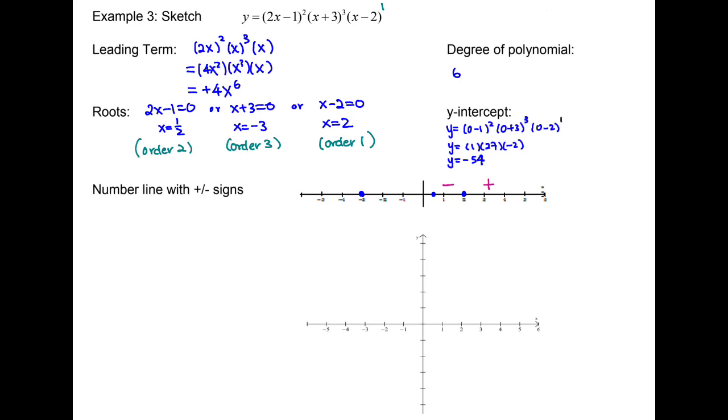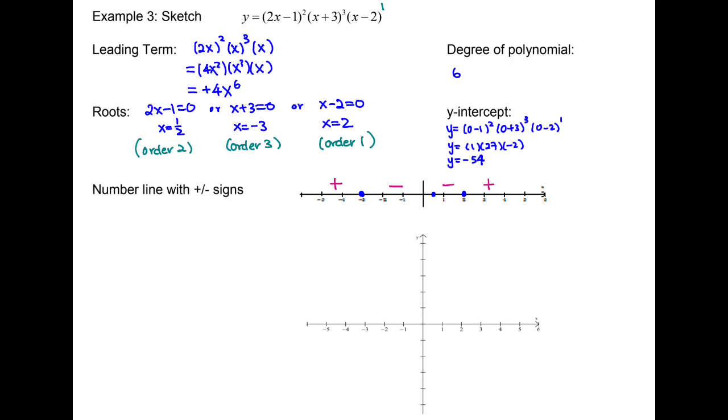When we go through the root half, which is order 2, that means we have to keep the same sign. That means we keep negative. Then we go to the root negative 3. Negative 3 has an order 3, which is odd, so we switch the sign, which will be positive.